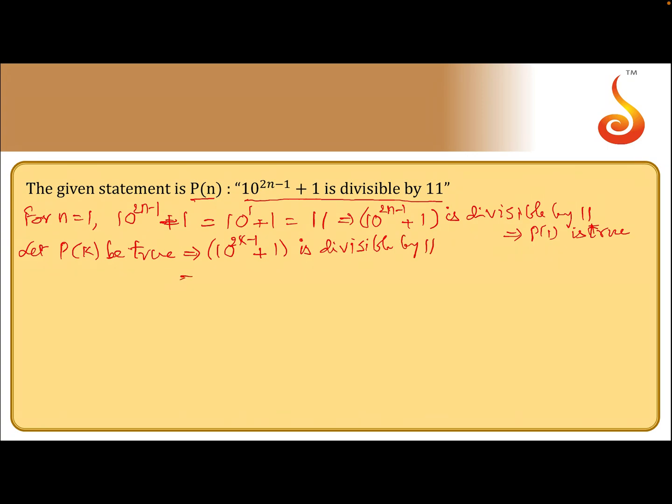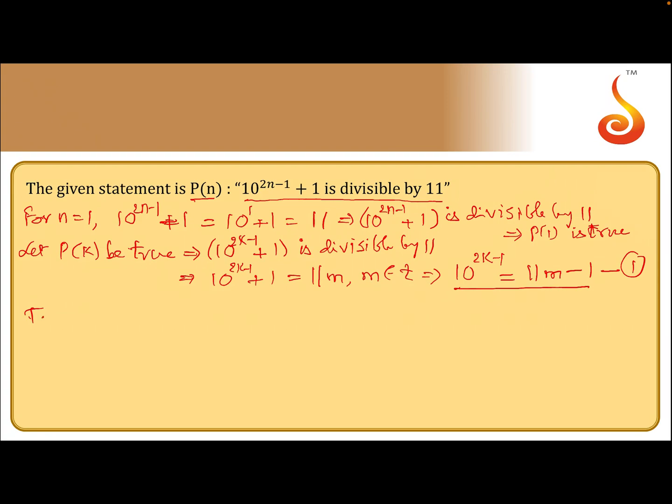So 10^(2k-1) + 1 is equal to 11 times an integer m, that is 11m, where m belongs to the integers. So 10^(2k-1) can be written as 11m minus 1. Call this condition 1.